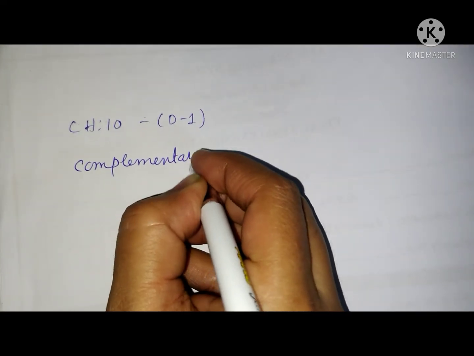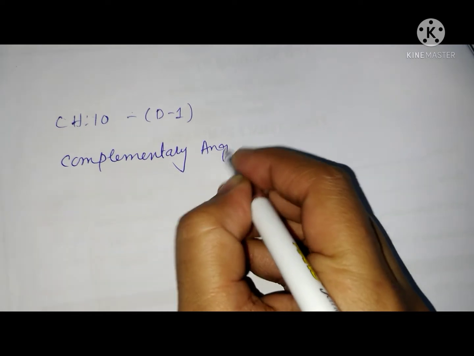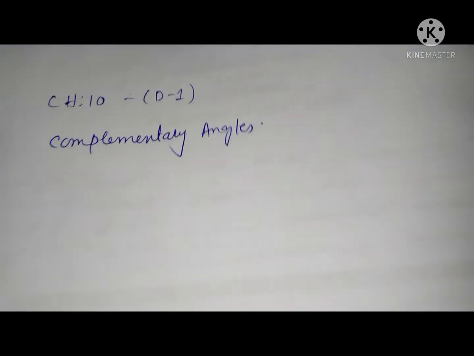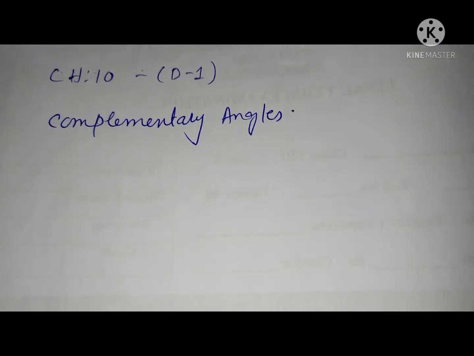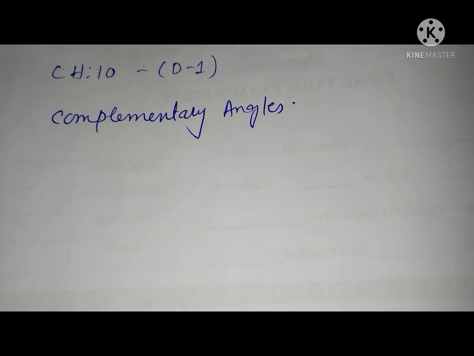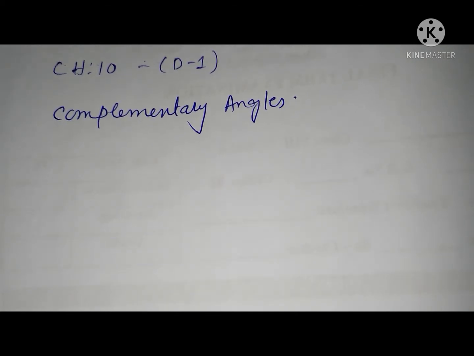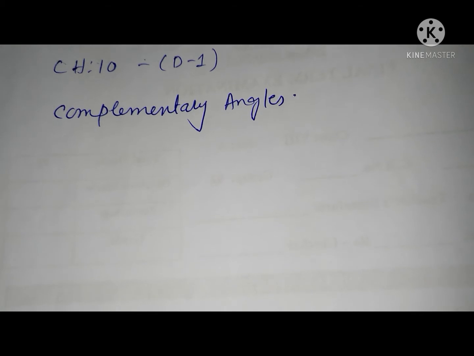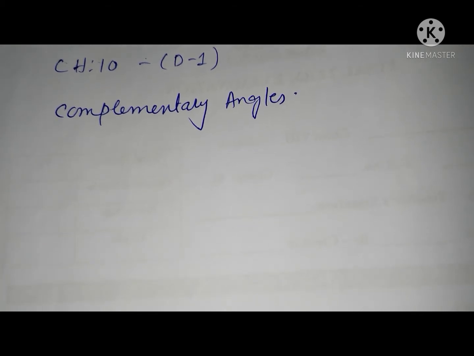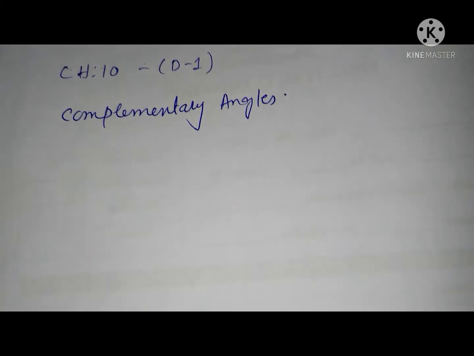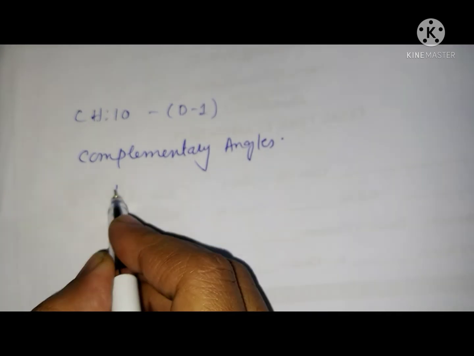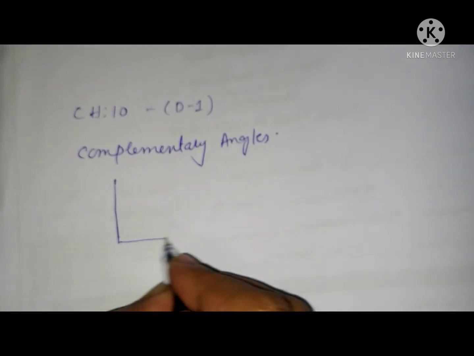complementary angles. As we have discussed, supplementary angles are those angles that, when we add them all, equal 180 degrees. But when we are talking about complementary angles, suppose we have a 90 degree angle like this.